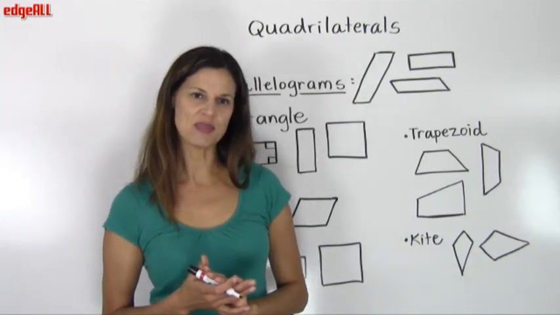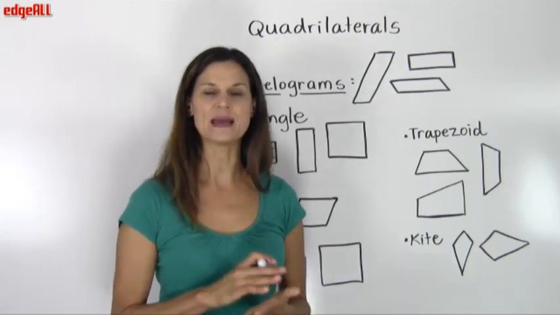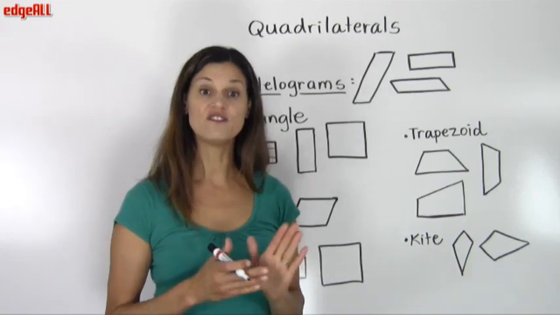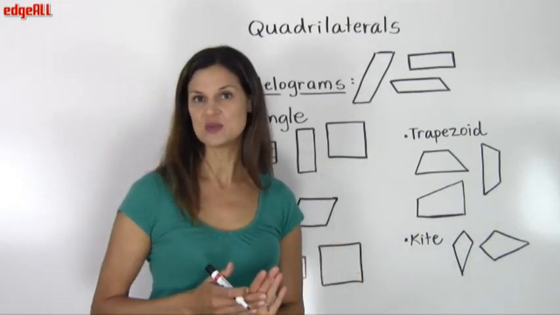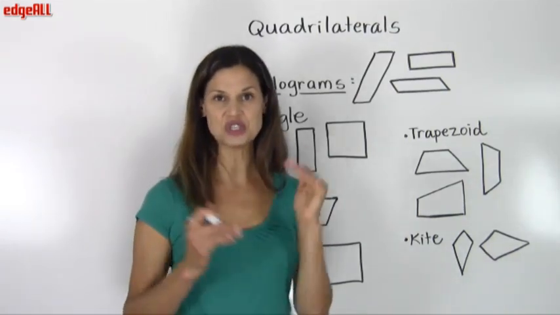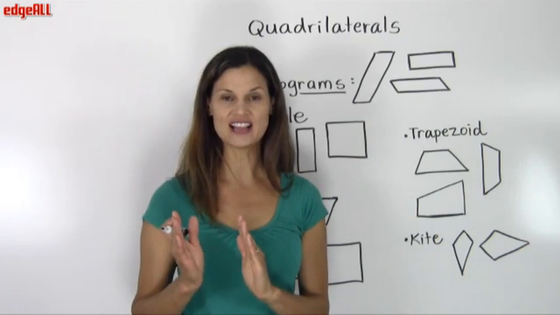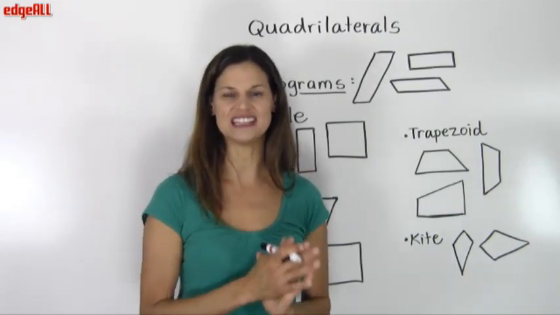Our next shape that we're going to look at is a rhombus. A rhombus is a parallelogram with 4 sides of equal length. So in a rhombus, we don't need to have 90-degree angles, but we do need to have 2 sets of parallel sides and 4 sides of equal length.